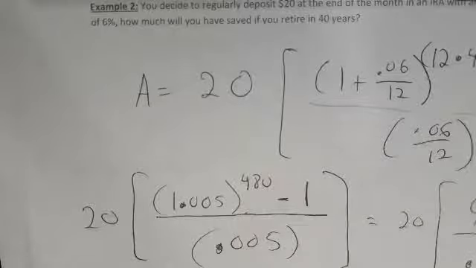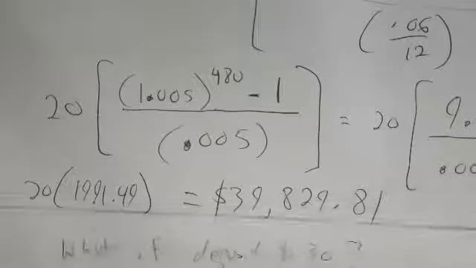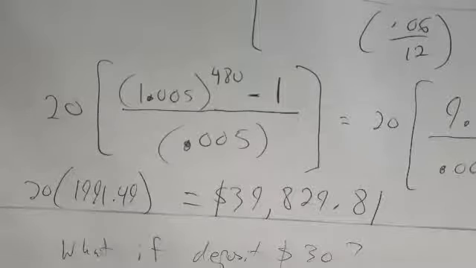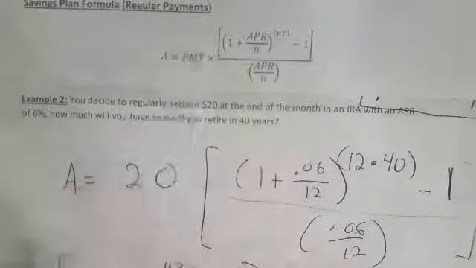Okay, so this is what happens if you deposit $20. My next question, real quick: what happens if you deposit 30? What's going to change here is kind of the question that I'm asking. If you look at your formula, what am I changing here? The only thing I'm changing is this payment out in front.